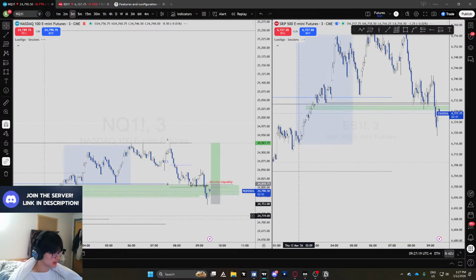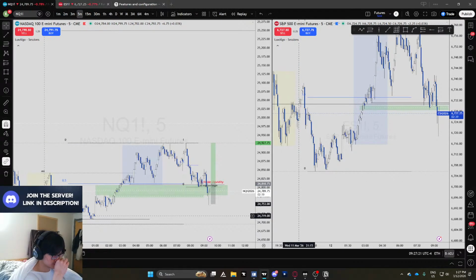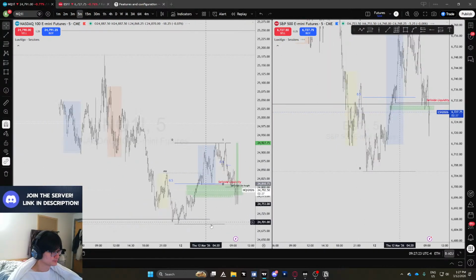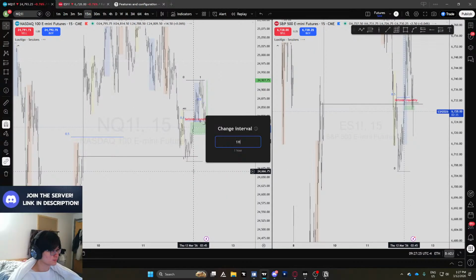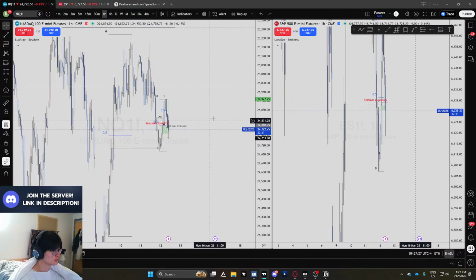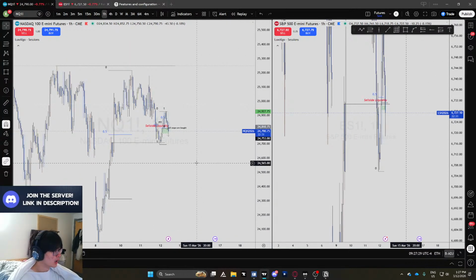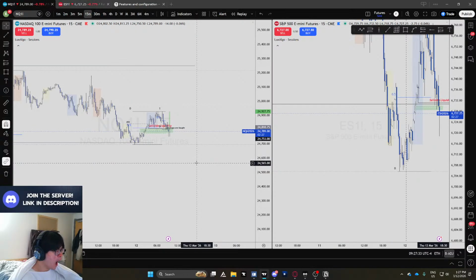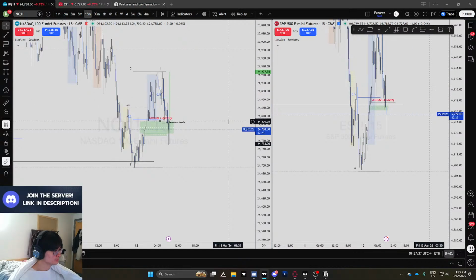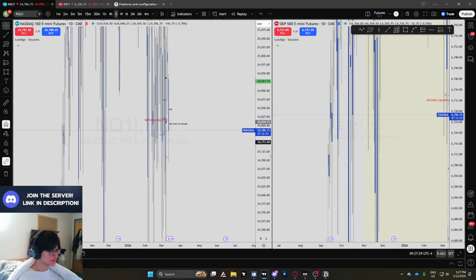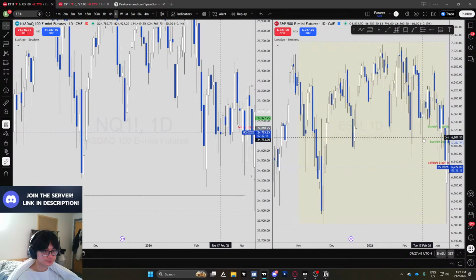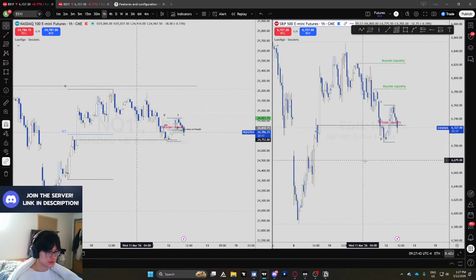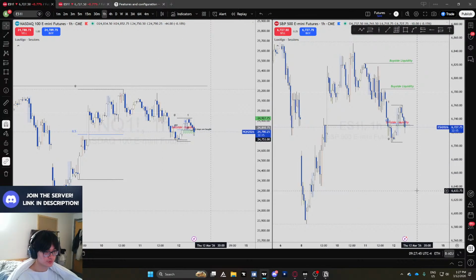Still looking at higher. But the thing is, the more I look at it, the more it looks like it's setting itself up for lower.